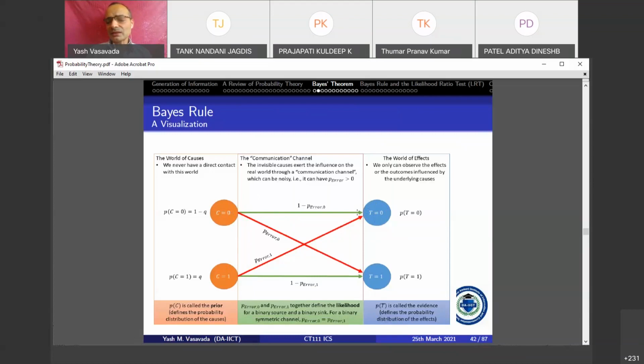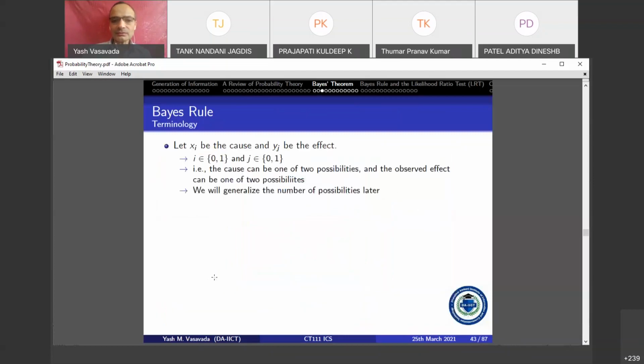Only the green colored arrows are there, and so whenever you read x equal to 0, you go back and say that the transmitted symbol must have been 0. But otherwise, there is a fundamental ambiguity. y equal to 0, or t equal to 0 in this case, could have come either from c equal to 0, or there is a small chance that it could have come from c equal to 1 as well. So that is the essence of the communication reception problem.